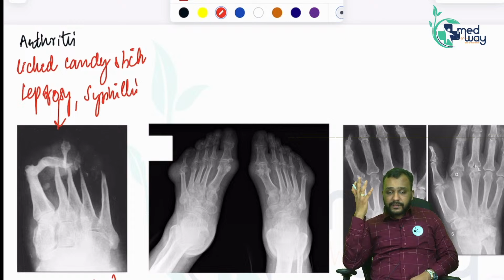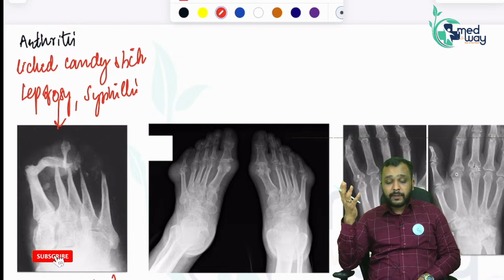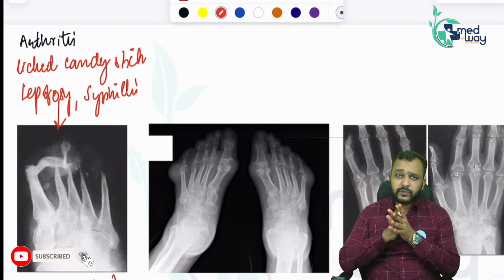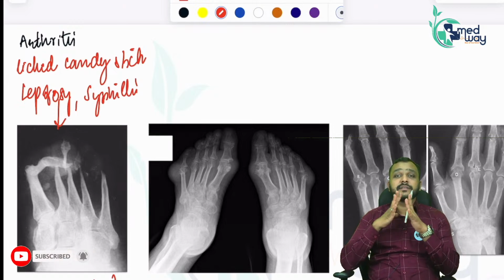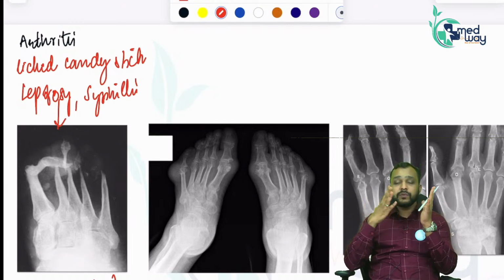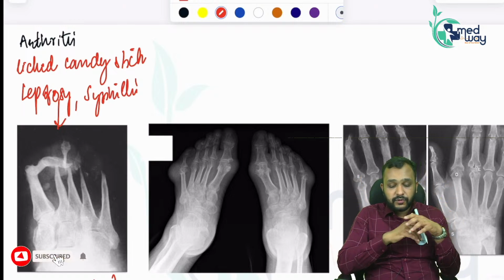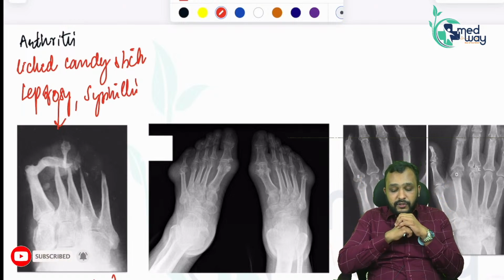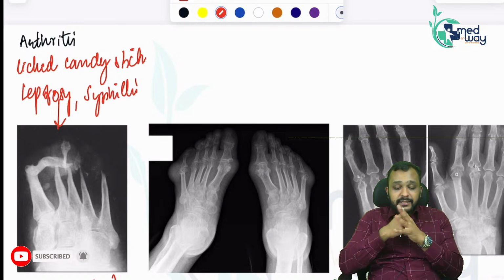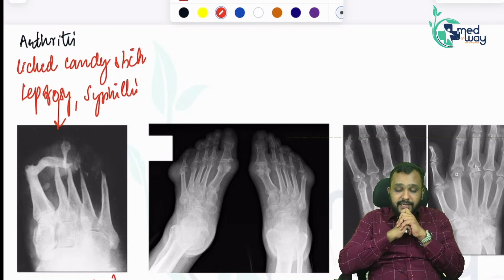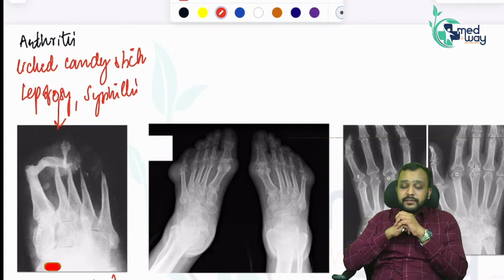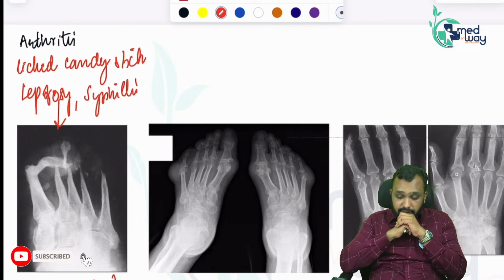Because of the loss of sensation of the foot, there is consistent trauma, there is destruction of the bones, there is dislocation of the bones, there is disorganization of the bones, there is distension of the joints, there is debris within the joint. Okay, so this is your neuropathic joint giving the licked candy stick appearance, seen in leprosy, syphilis, diabetes mellitus, tabes dorsalis. Okay.